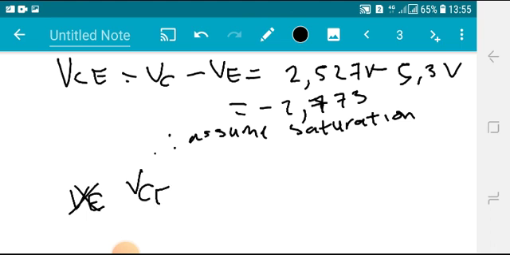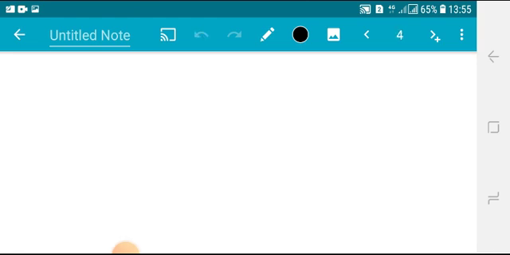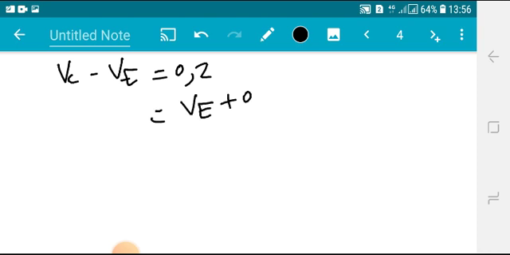We said that VCE we assume to be 0.2 volts, and this entails VC minus VE is 0.2 volts. This entails that I can figure out what VC is, by going VE plus 0.2.